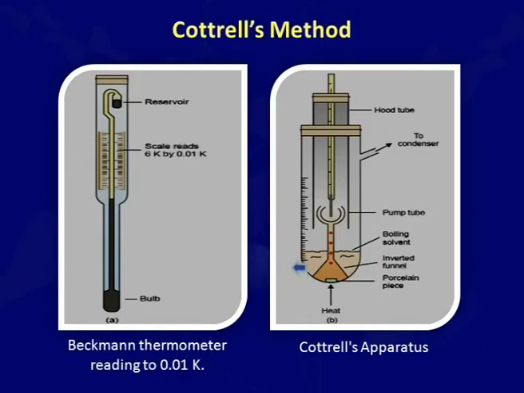For measurement of delta Tb, that is the change in boiling point of solution with Cottrell's method, the solvent is placed in the boiling tube with a porcelain piece, and this solvent is gently heated with a small flame. As the solvent boils, the porcelain piece pumps the boiling liquid into the narrow jet.